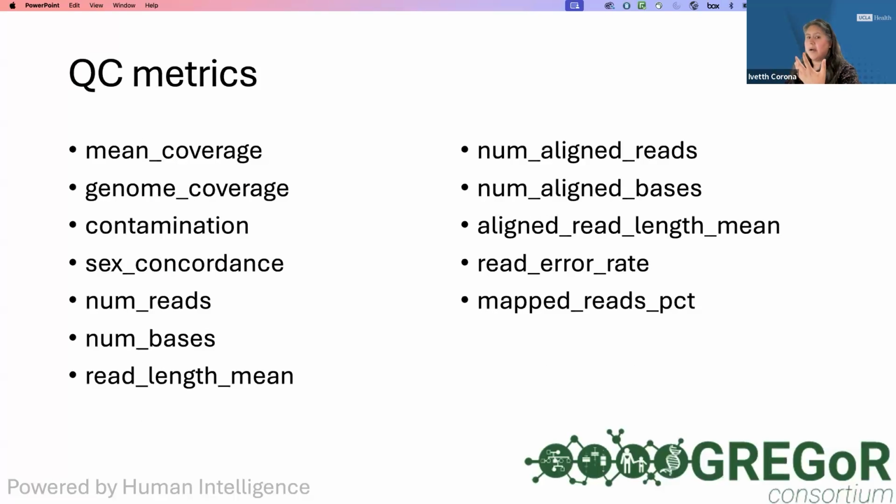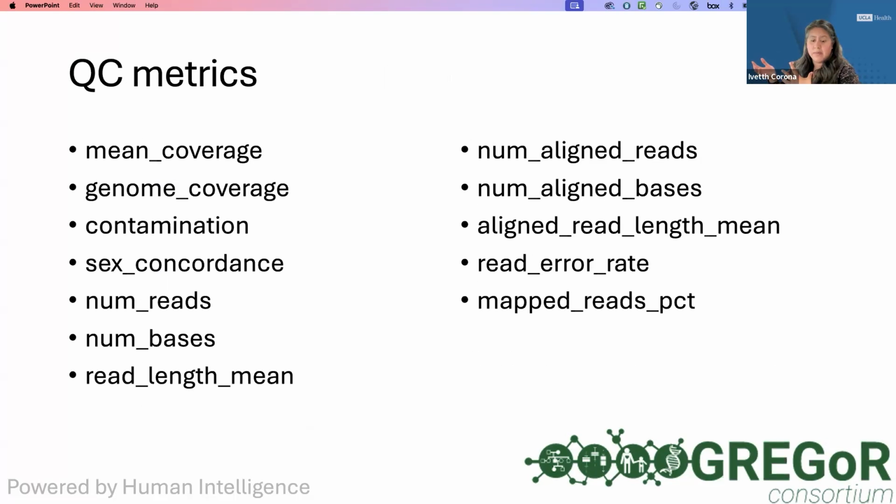There has to be some way of annotating everything and keeping track of what we have. So we're using the data dictionary of the GREGoR Consortium, and I encourage everybody who is going to start a project like this to keep track of all these metrics.